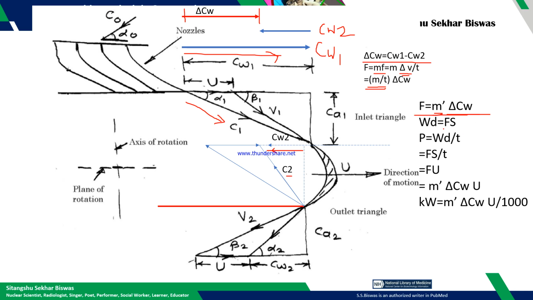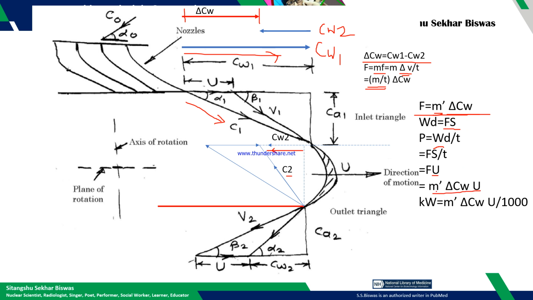Now the work done is equal to force into distance, and the power is work done per unit time, which is force into distance by time. This distance by time is velocity. So already we found F is mass flow rate into del CW.